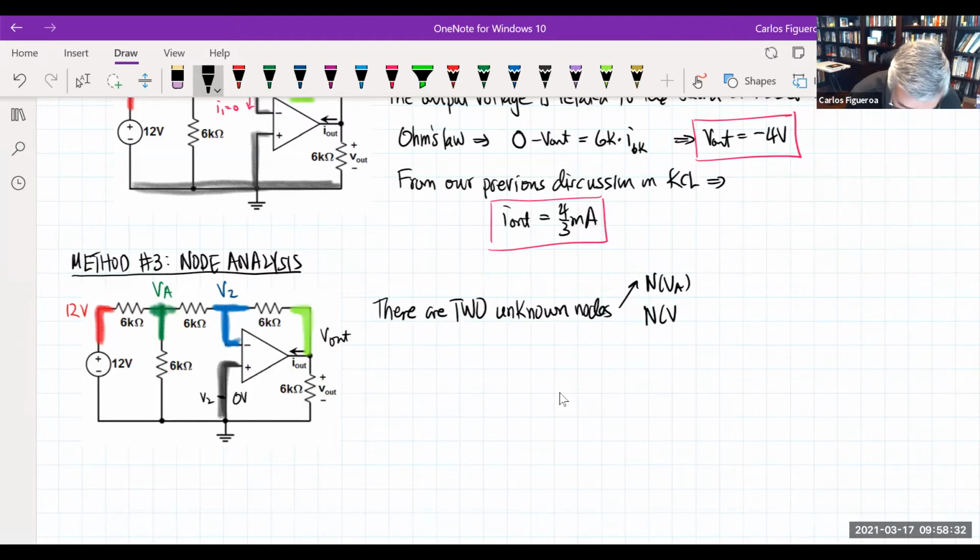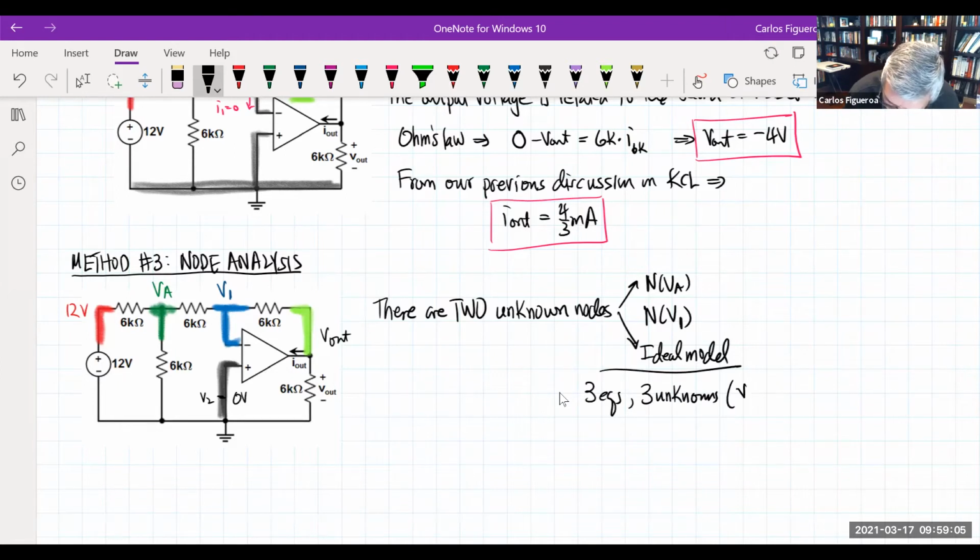One is the node V, it should be V1. We've already defined V2 is the one below, so this should be V1. And then we need the ideal op-amp model. So what I'm seeing here is that I have 3 equations, 3 unknowns. So in this case, I'm going to get VA, V1, V2. So let's go do that.